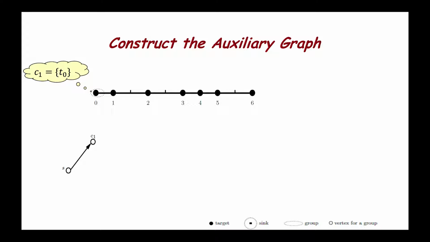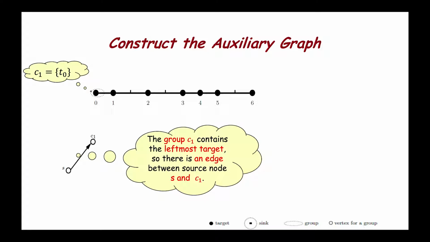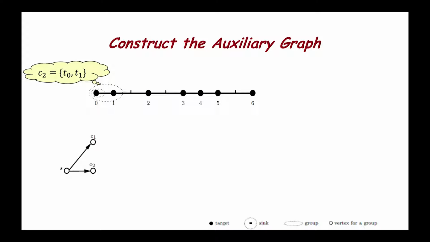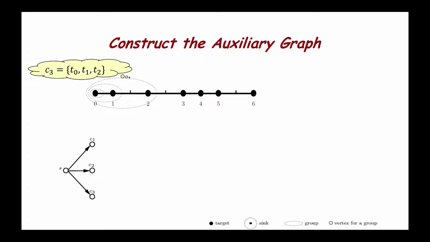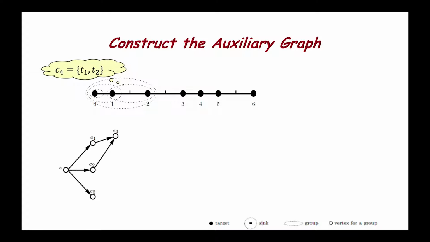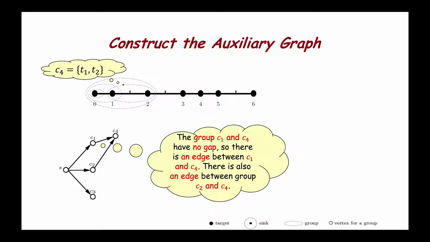Here is the construction of the auxiliary graph. The group C1 contains the leftmost target, so we add an edge between the source node S and C1. And here is the second group. Here's the third group, and here's the fourth group. The groups C1 and C4 have no gap, so there's an edge between C1 and C4, also an edge between C2 and C4.